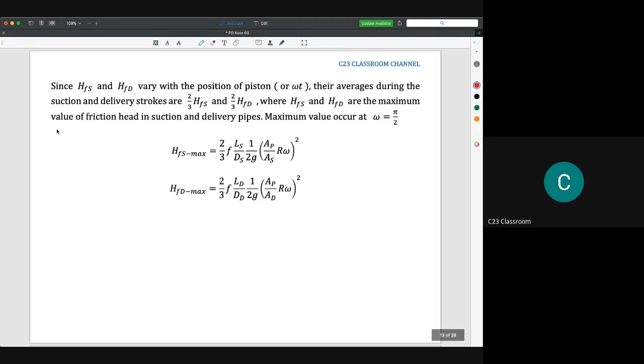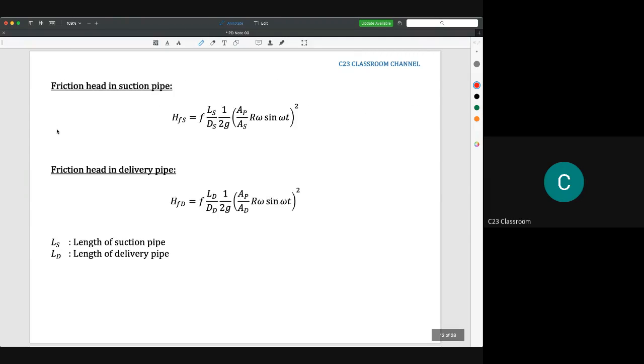Now, if you see this equation, when we start to use the acceleration head, the acceleration in our calculation, you will find that the value of acceleration actually changes because we have the term sine omega t.